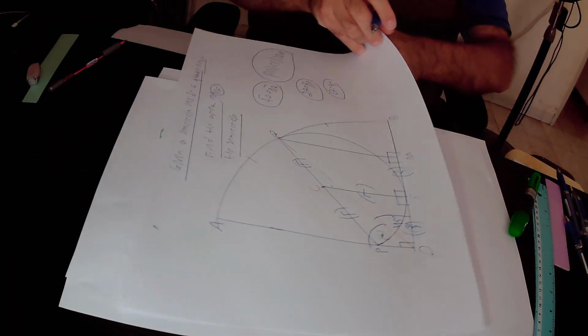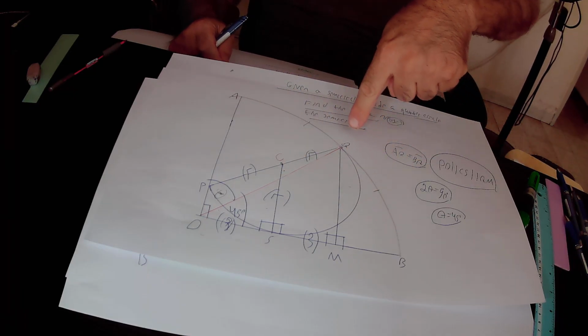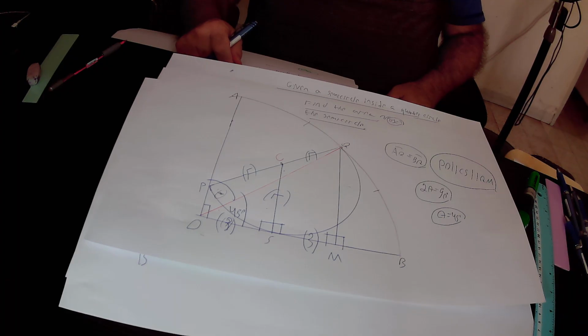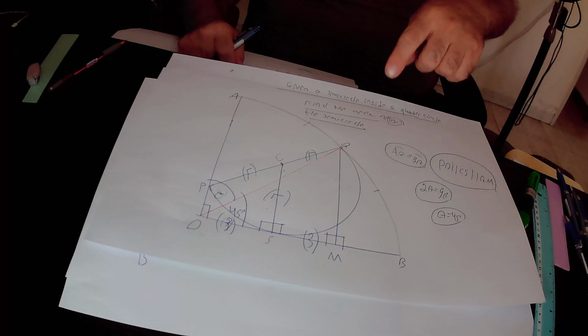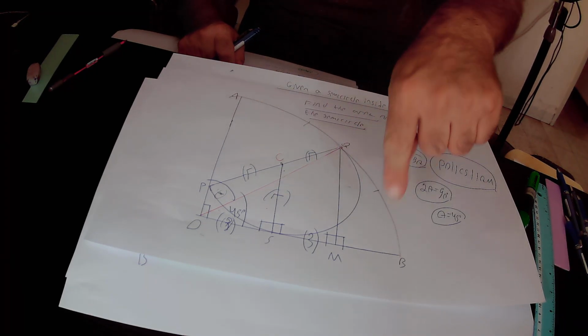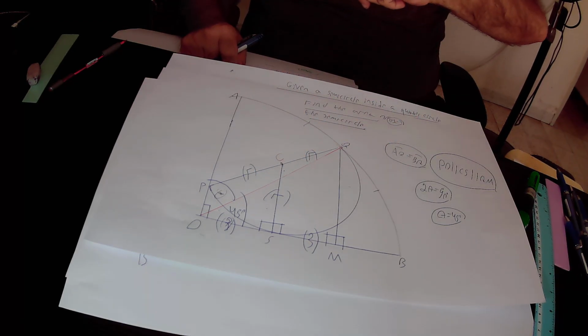In the next step, we will focus on the right triangle QOM. This is the right triangle QOM. You can see that in the right triangle QOM, this angle QOM equals 45 degrees in size.